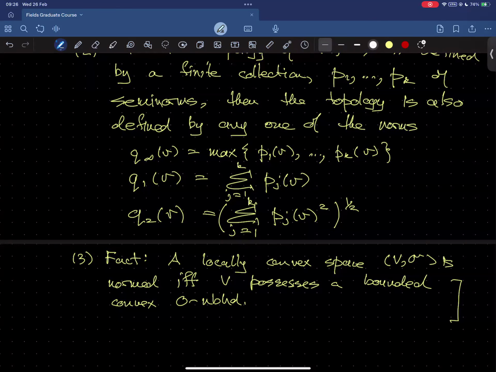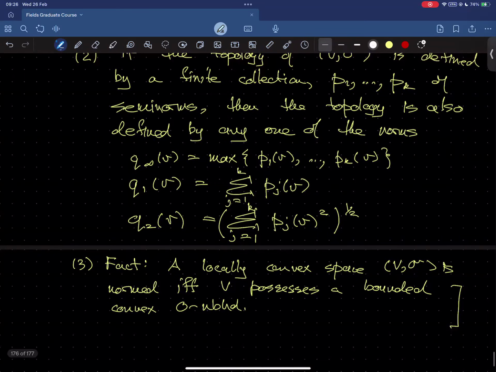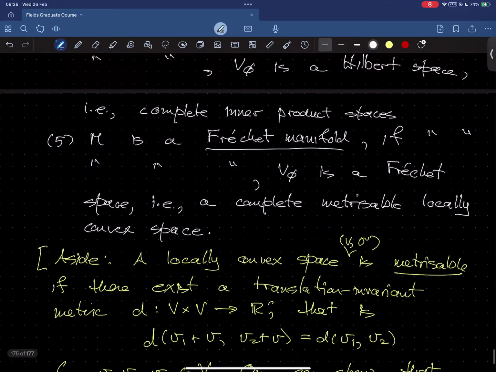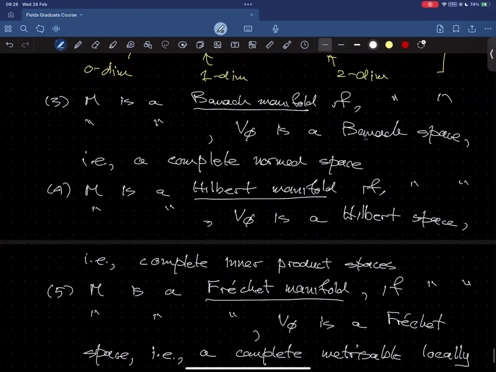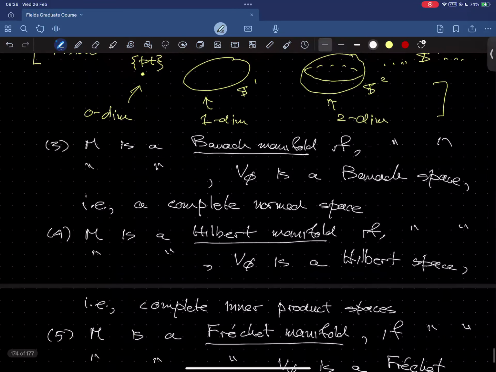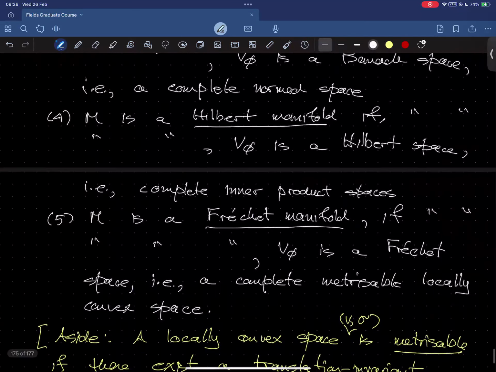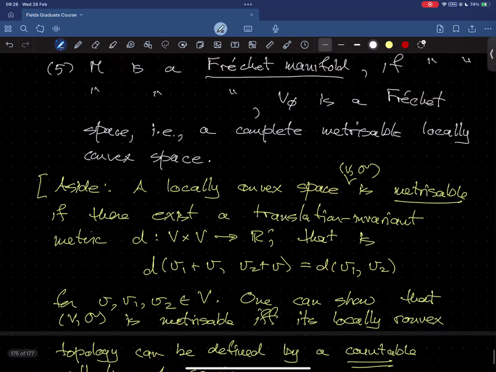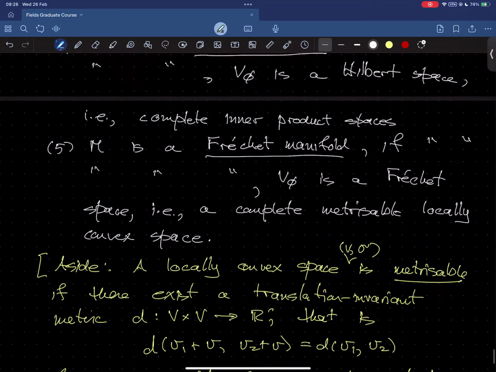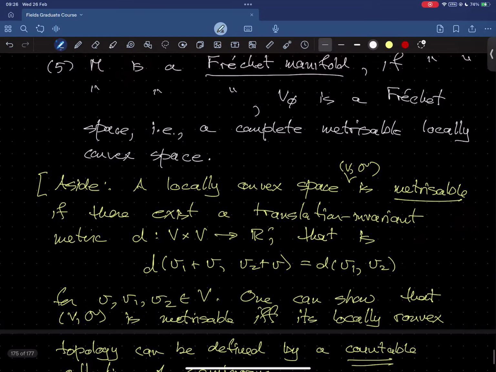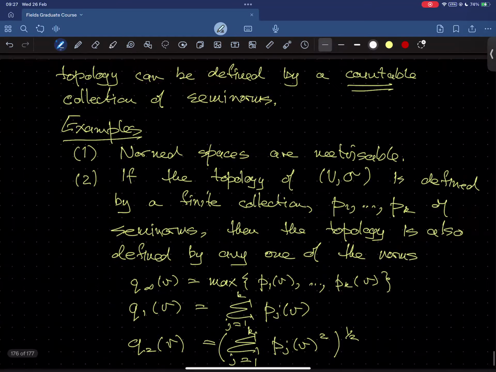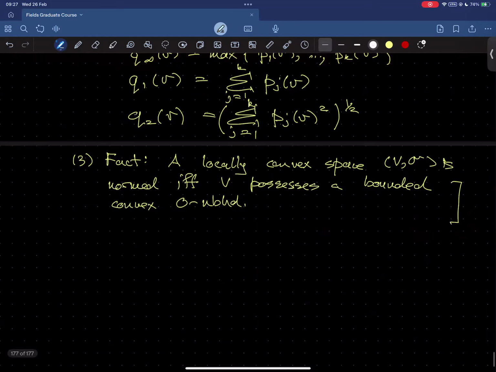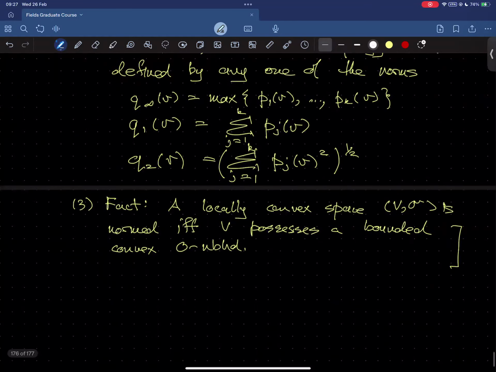So this is some kind of a classification of manifolds: finite dimensional, Banach, Hilbert, and Frechet. There are definitely other interesting classes, but that requires digging into locally convex spaces in a depth that we're not going to do.